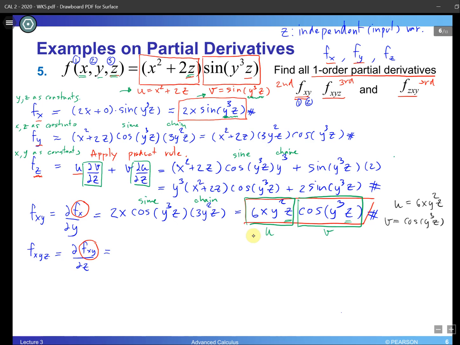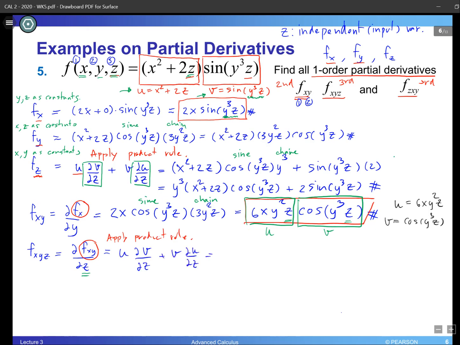Alright, since we have a product of two terms, we are supposed to apply the product rule here. So this is supposed to be u dv by dz, plus v du by dz again.